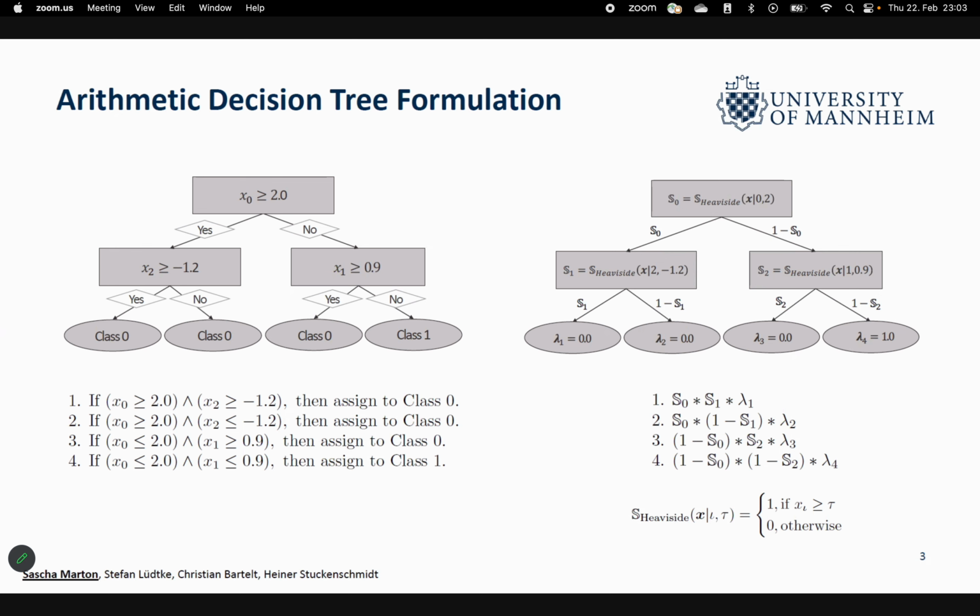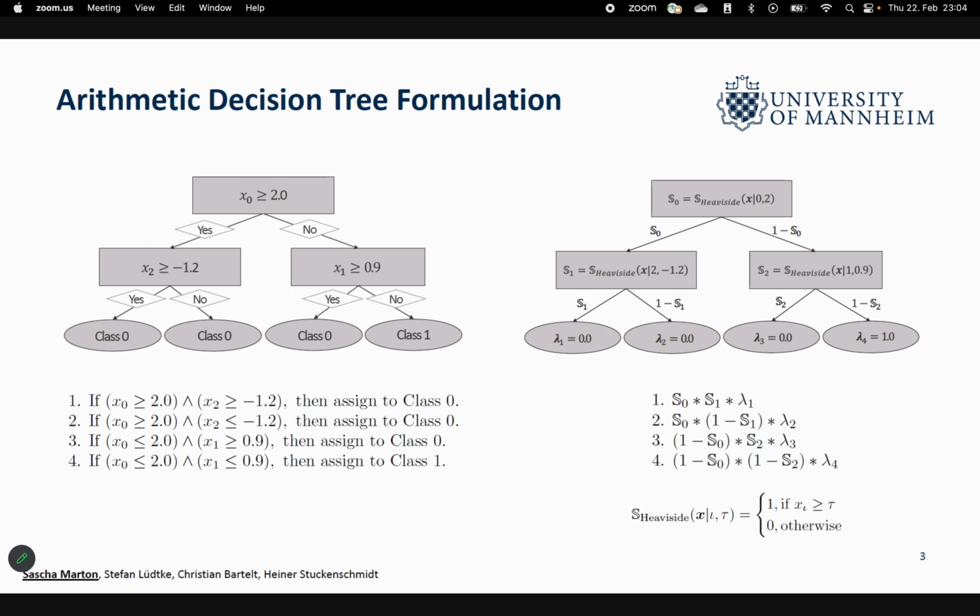We want to transform it into an arithmetic formulation that only uses multiplication and addition, as you can see on the right. We essentially just replace the comparison operator with the Heaviside step function, which is defined as 1 if the input is above a certain threshold and 0 otherwise. So it's essentially the same as the comparison operator, but outputs 1 or 0.